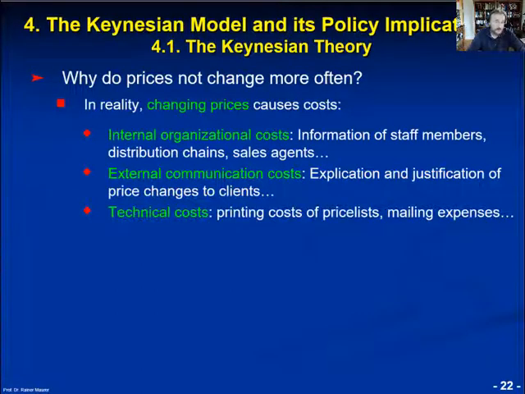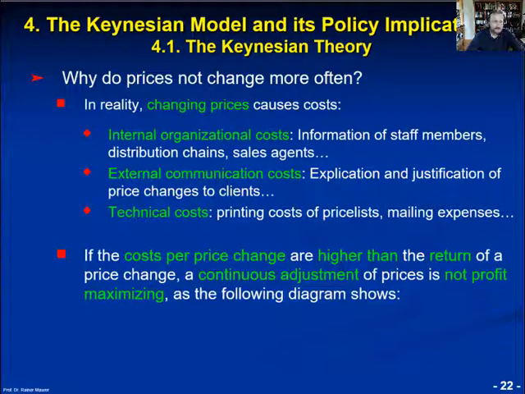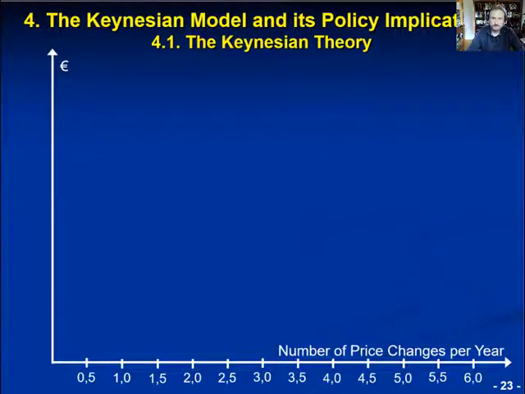And finally, there are also technical costs like printing costs of price lists or mailing expenses. If the costs per price change are higher than the return of a price change, a continuous adjustment of prices is not profit maximizing, as the following diagrams show.